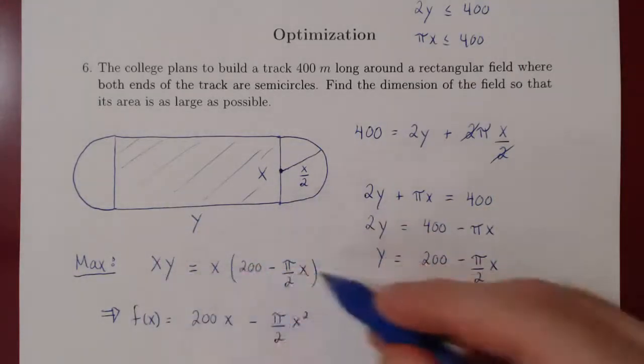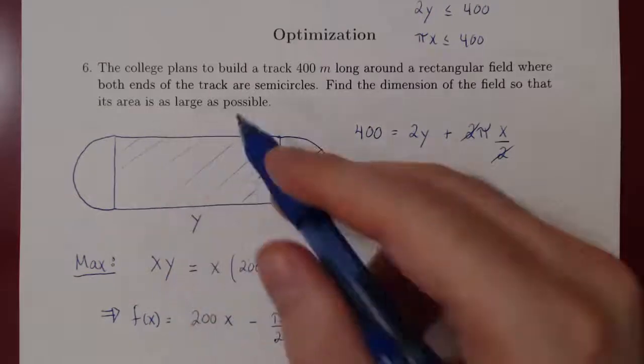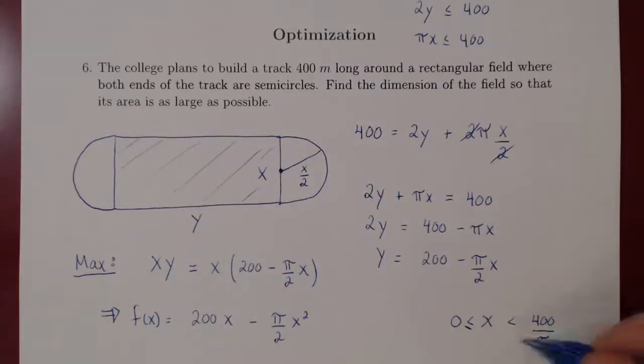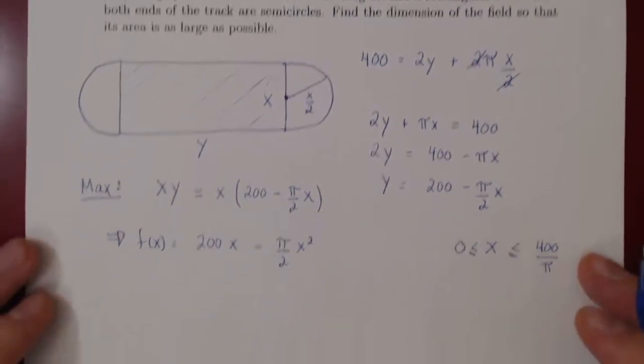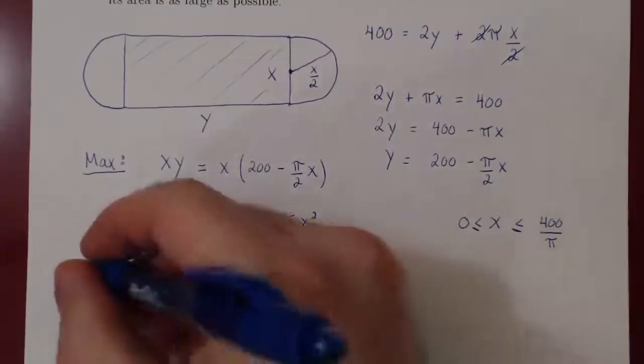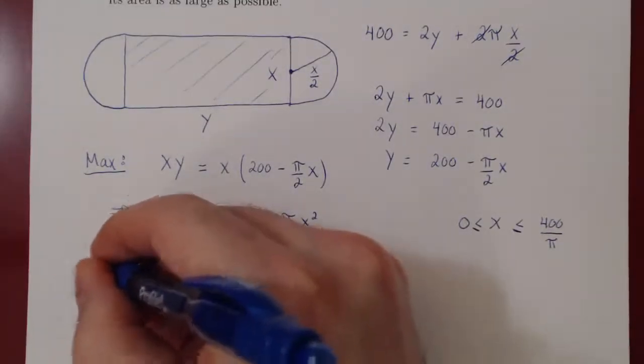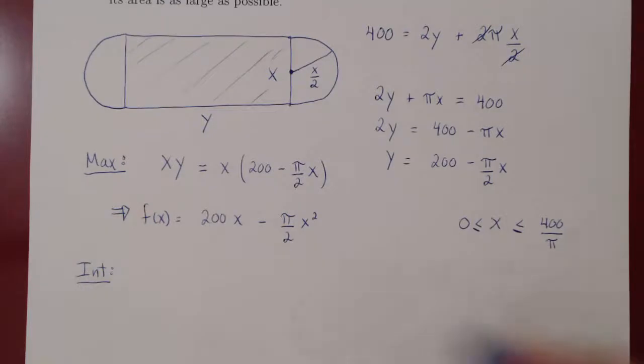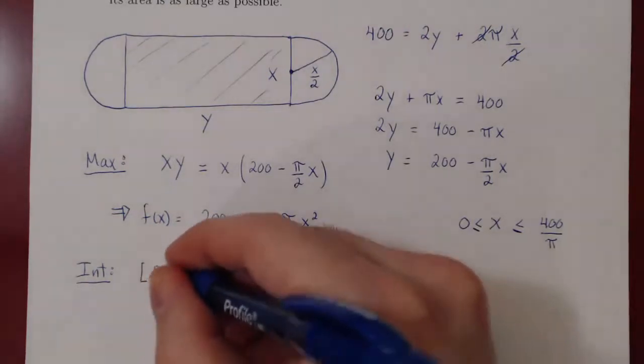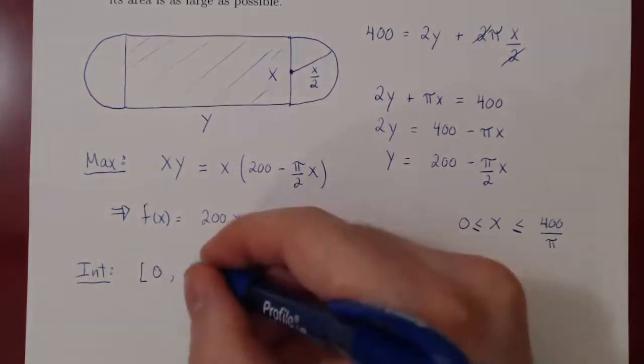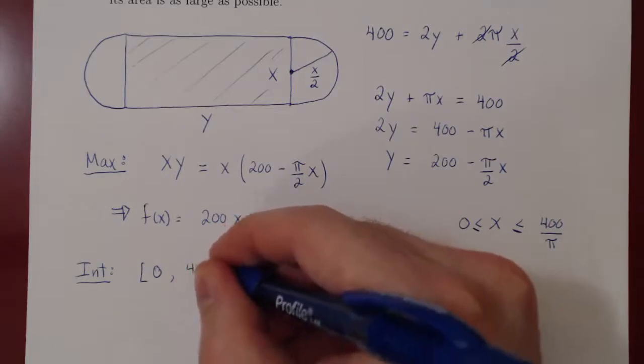And the area is once again 0, clearly not giving us a maximum value for the area. So there is no harm in throwing 0 and 400 over pi as the endpoints of our interval. And this will make our life nicer. So x can range over values from 0 up to 400 over pi.